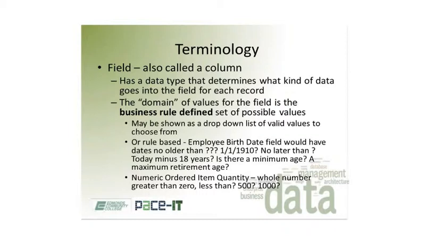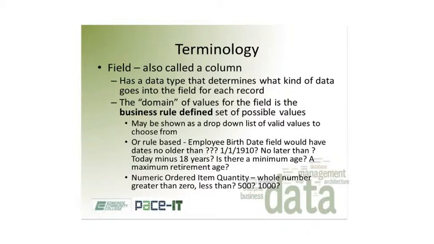There could be business rules like when you hire someone, you can't hire them unless they're at least 18 years old. If you had a maximum retirement age, you couldn't hire someone whose birth date was before that maximum retirement age rule. Numeric data could be an ordered item quantity, might have to be a whole number, may have to be greater than 0. We wouldn't let somebody order 0 of something.